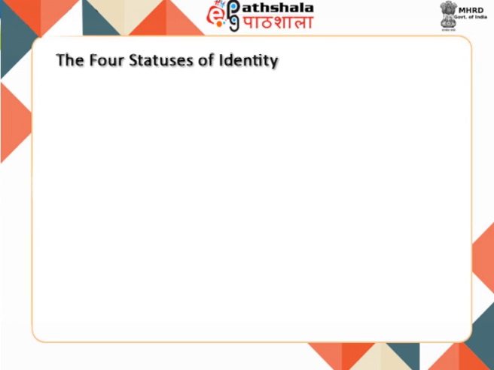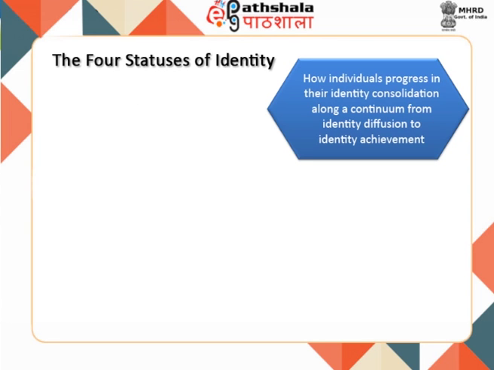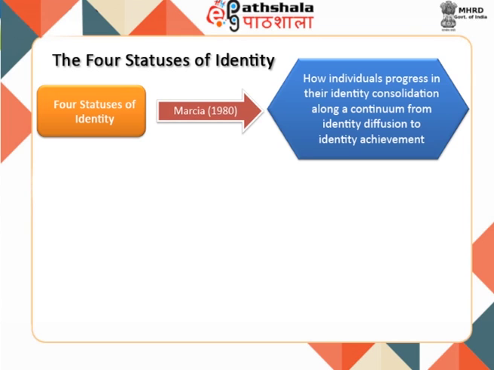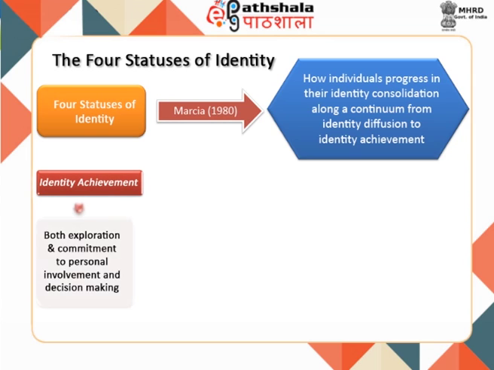There is a fourfold concept model that describes how individuals progress in their identity consolidation along a continuum from identity diffusion to identity achievement. This model is called the Four Statuses of Identity by Marcia, 1980. 1. Identity achievement. It involves both exploration and commitment to personal involvement and decision making. 2.